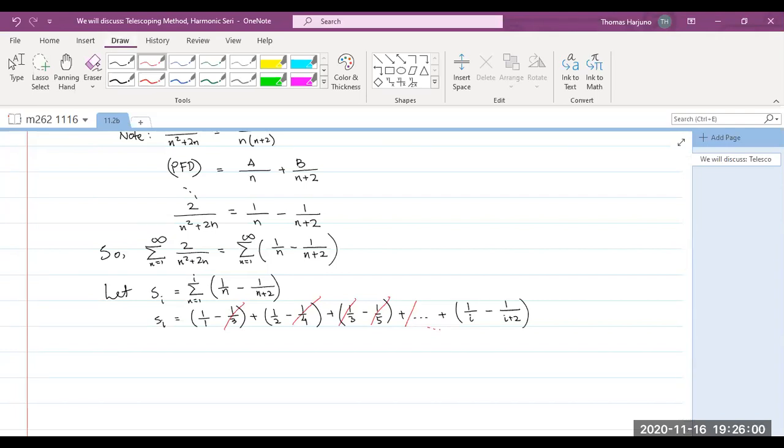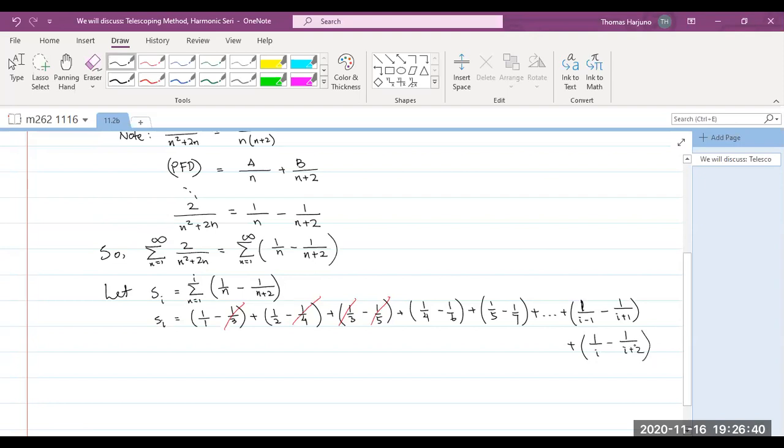Okay, let me do more so that we can see some pattern. So this will be plus 1/4 minus 1/6, 1/5 minus 1/7, all the way to 1 over I minus 1, minus, I'm sorry, 1 over I plus 1, plus 1 over I minus 1 over I plus 2.